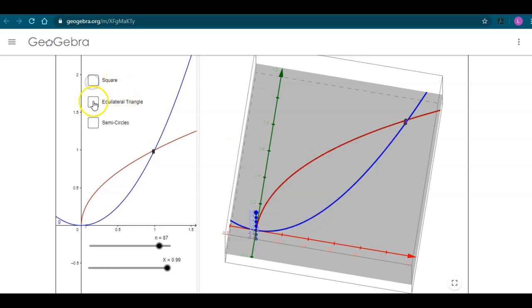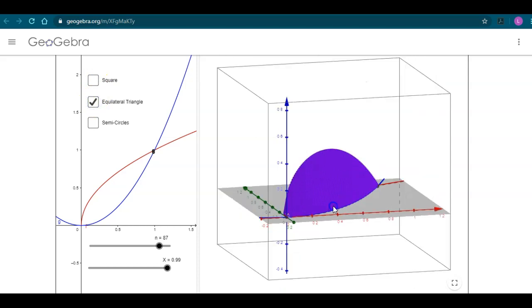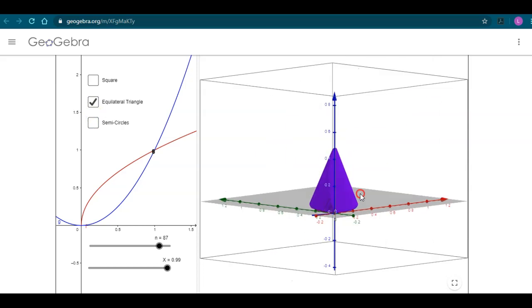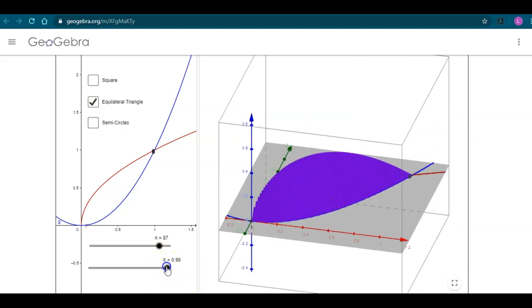I could use, say, equilateral triangles, and that will change the shape a little bit. You can tell the squares are going to give you a lot more volume. Equilateral triangles give a little bit less because they're smaller. I could also do semicircles. That's the idea, I'm just changing the shape on those specific pieces.